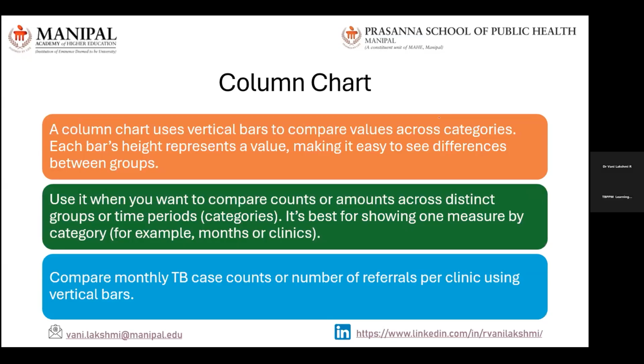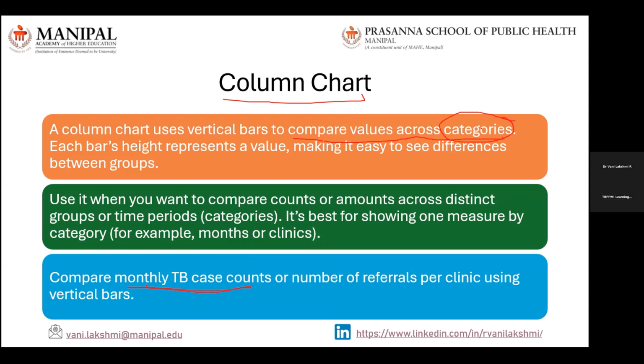The purpose of a column chart is to compare values across categories. For example, I want to compare monthly TB case counts per clinic, and I have 10 clinics, so I will have 10 bars.